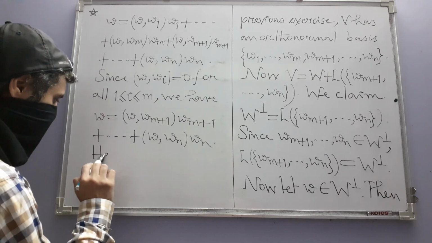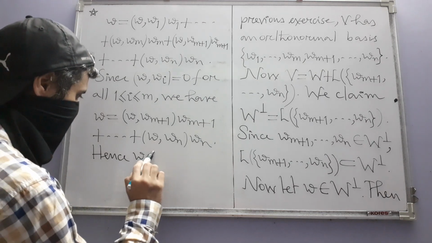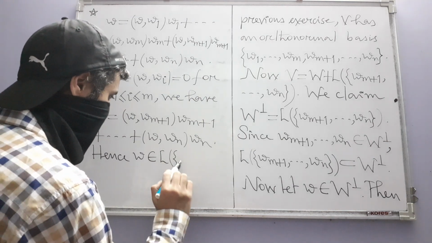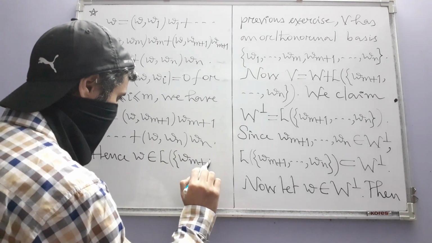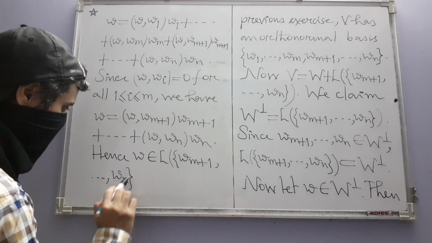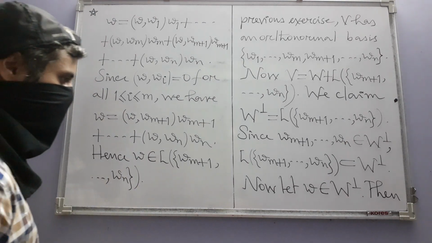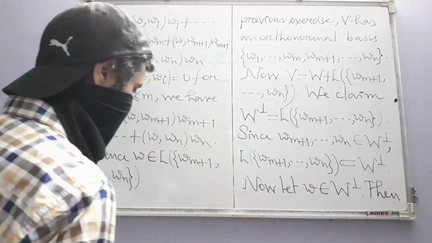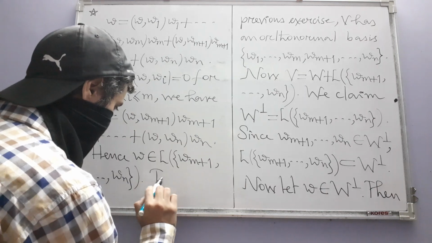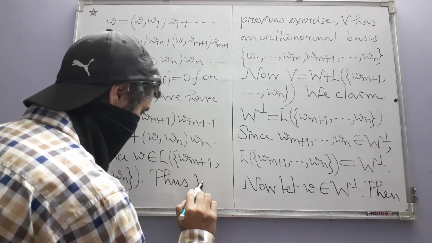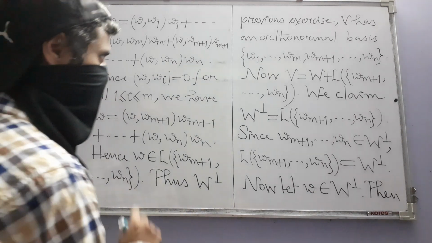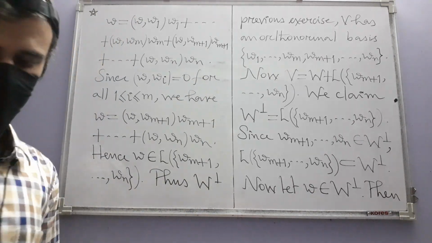Hence, W is any vector in W orthogonal, and we have shown that it's in this linear span. Thus, W orthogonal is also contained in this linear span.